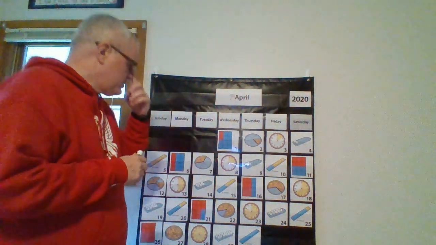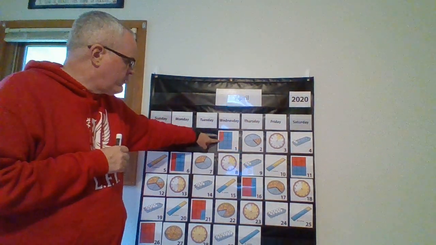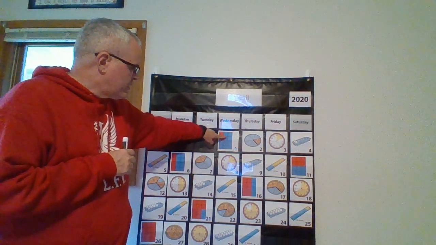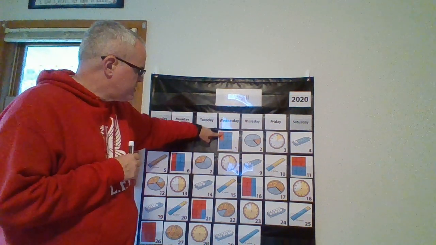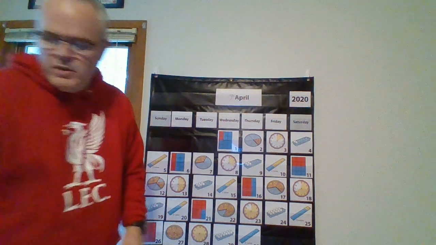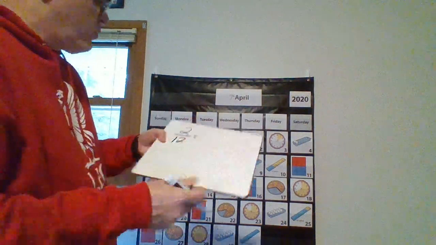Okay? So what we learned on here is some equivalent fractions. 2 out of 12, two sections of this array out of 12 sections are red.